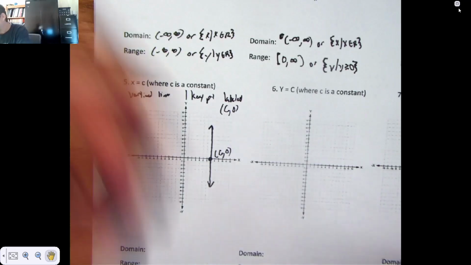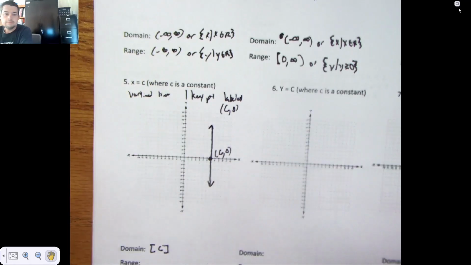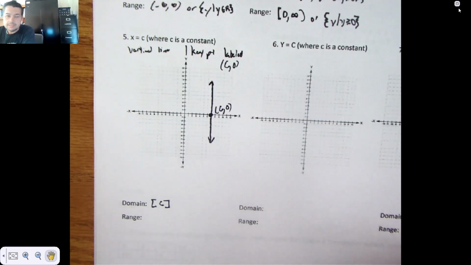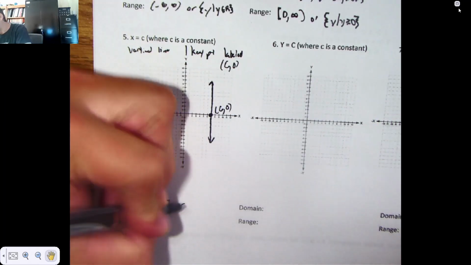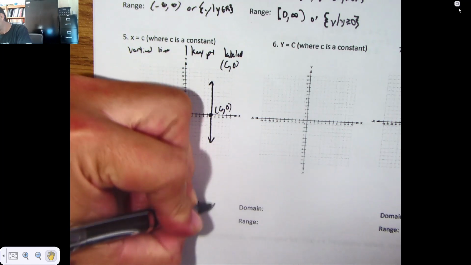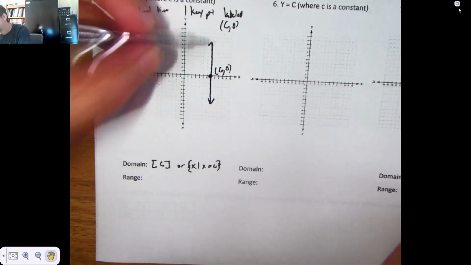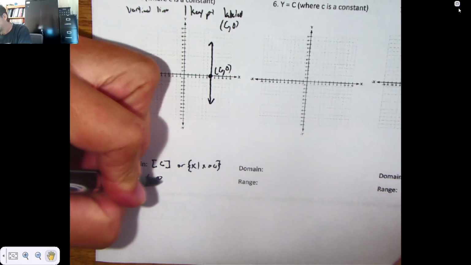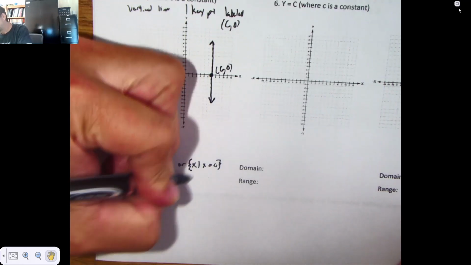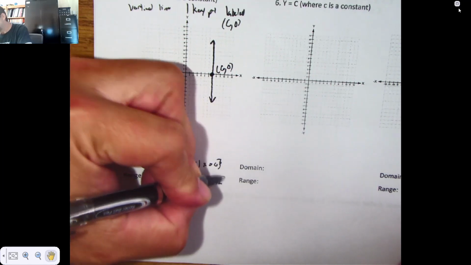Its domain is simply c. It is the interval that contains c, or all values of x such that x equals a constant. Its range, falls forever, rises forever, is negative infinity to infinity, or all values of y such that y is an element of the real.